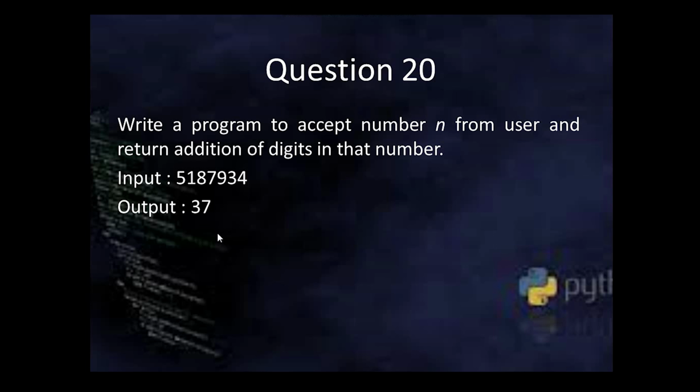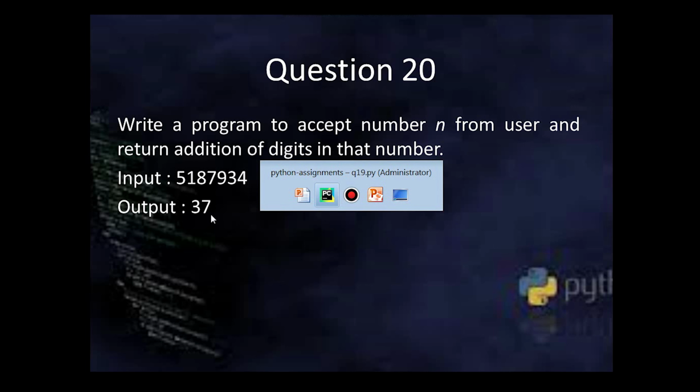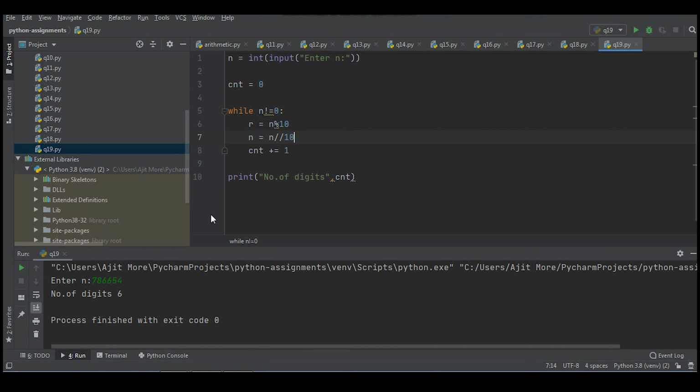Now, hardly any change we have to do in the previous program. We will separate the digits by doing mod 10 and we'll take the quotient after dividing by 10. And whatever digits we are separating by mod 10, we will just add in one sum and display that sum. I hope you can try this.